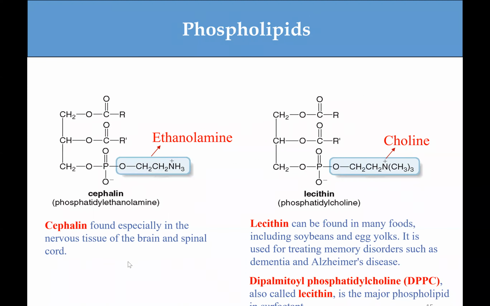It's found in nervous tissue of brain and spinal cord. Phosphatidylcholine is also known as lecithin. It's found in foods like soybean and egg yolks, and it helps treat memory problems like in dementia and Alzheimer's. It's also the major component of the lung surfactant. So that's why lecithin is important.